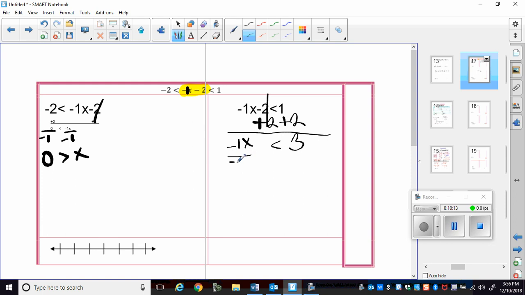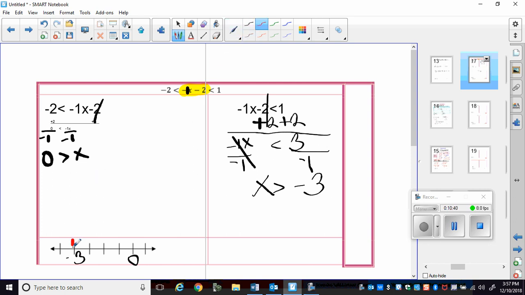When I divide by -1 on both sides, that means the symbol flips. And we're going to see what kind of graph we create. We get x is greater than -3. So I have two numbers. The smaller number always goes first, so -3 goes on the left, and 0 goes on the right.